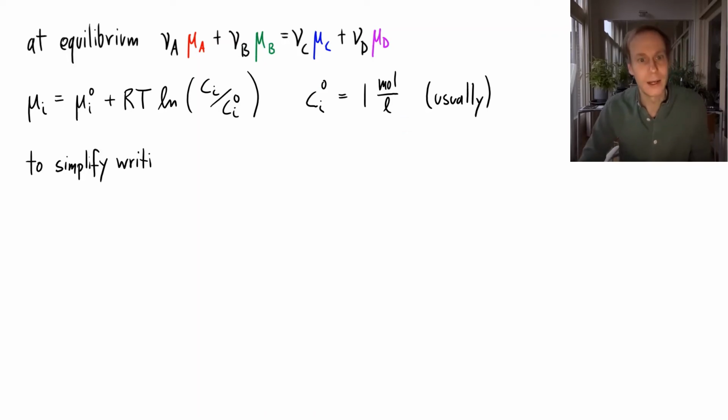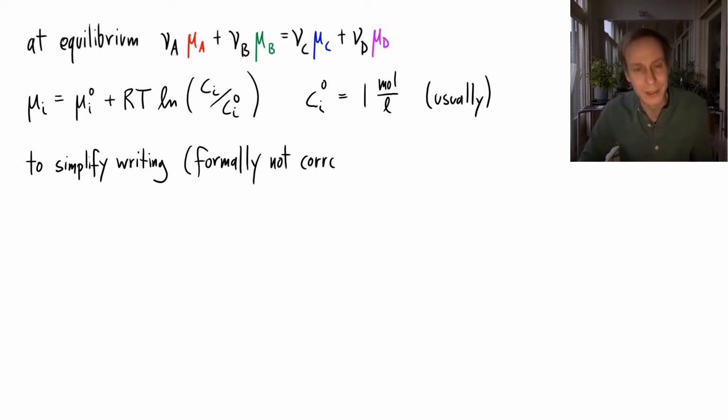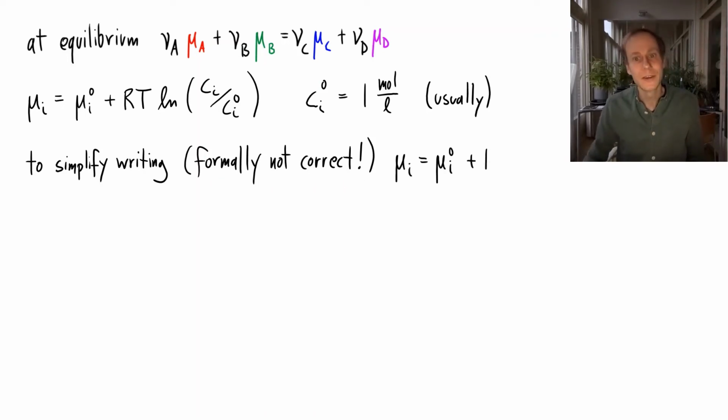And that actually allows me to do a simplification in my expression for the chemical potential. And that simplification is actually not formally correct, which I will tell you now. First, I simplify the expression of the chemical potential by not considering the standard concentration anymore.